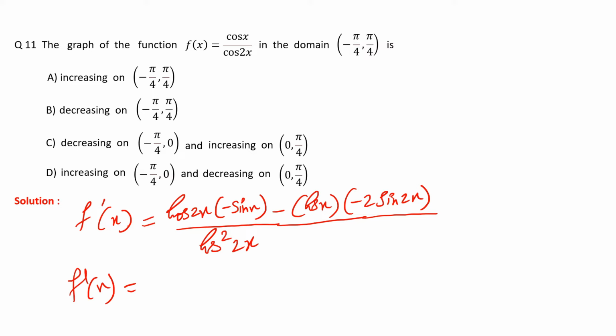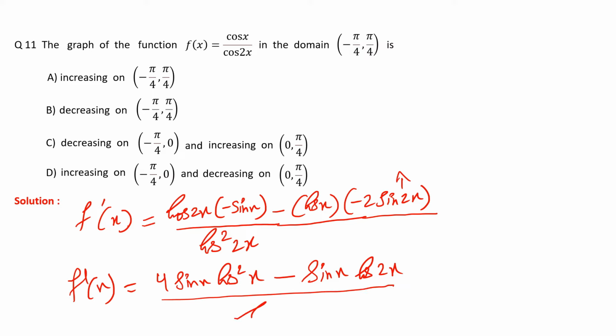I can write sin 2x as 2 sin x cos x. So it becomes 4 sin x into cos square x minus the first term, I am writing as the second term because it is having minus sign. So it will become sin x into cos 2x, right?